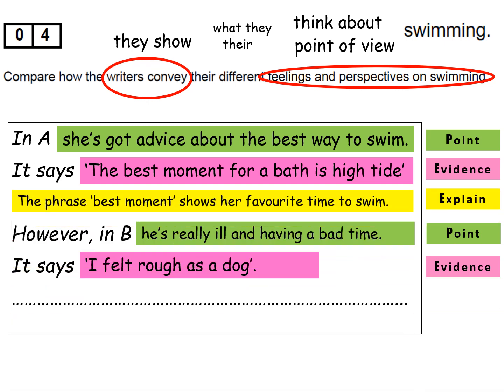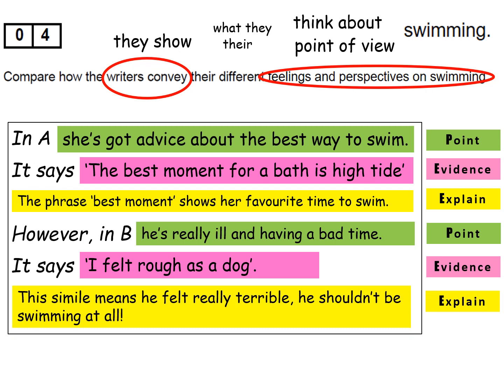And then I'm going to try and say something about the quote that I've picked. I'm going to zoom in on that phrase, the best moment, and explain that that's showing she's got a favourite time when she goes. And then with him, I'm going to talk about that simile that we use a lot, as rough as a dog, and explain that I know that means he felt really terrible and he actually shouldn't be swimming at all.